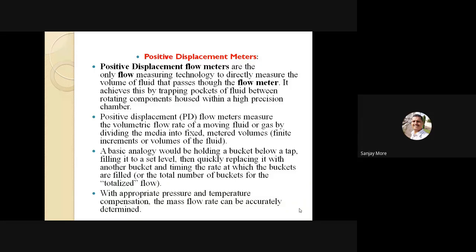The basic concept is that you place one bucket below the water tap and check how much time it takes to fill, then continue with two or three more buckets and check the timing. Then you calculate the flow rate of this tap. With appropriate pressure and temperature compensation, the mass flow rate can be accurately determined. This is the overview of the positive displacement meter.